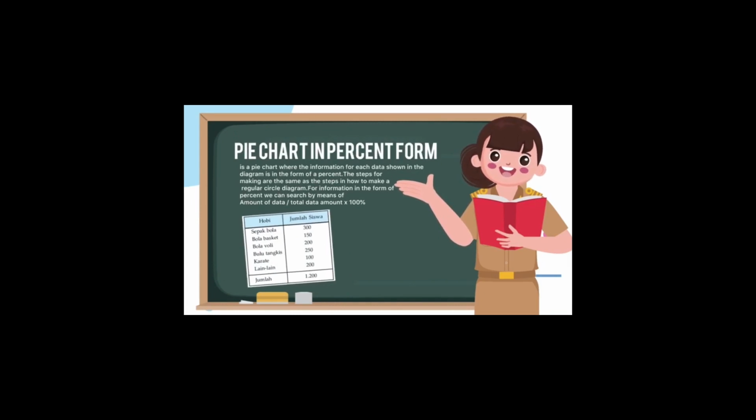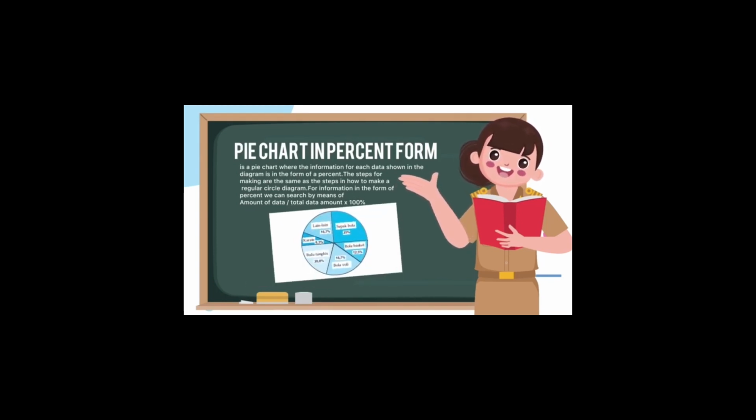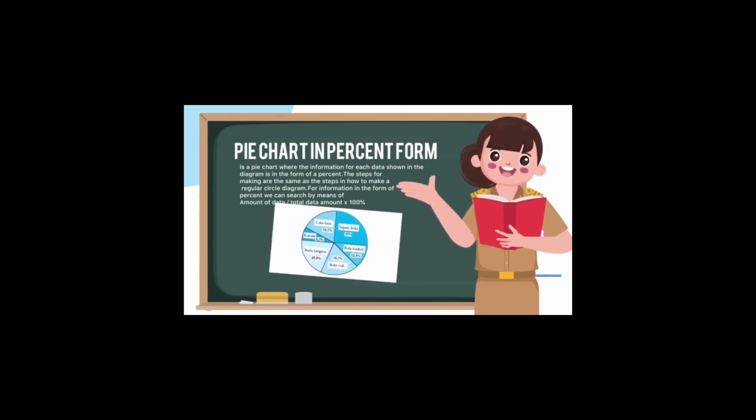Pie chart in percent form is a pie chart where the information for each data shown in this diagram is in the form of a percent. The steps for making it are the same as the steps in how to make a regular circle diagram. For information in the form of percent, we can find it by dividing the amount of data by the total data amount, multiplied by 100%.